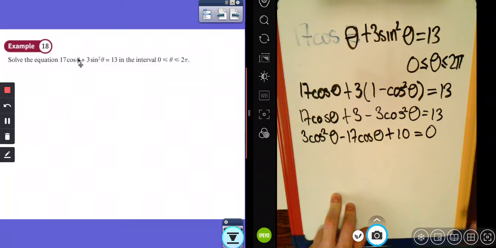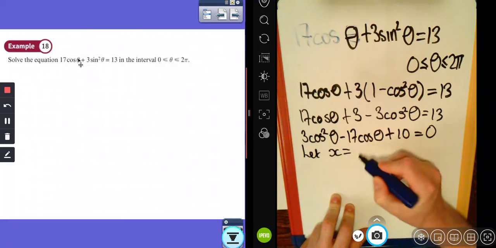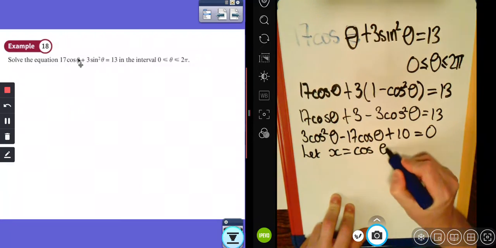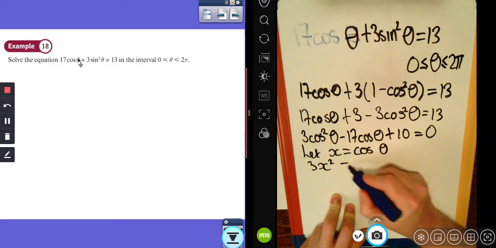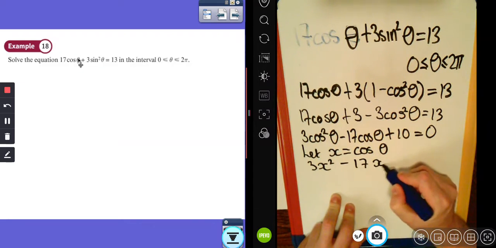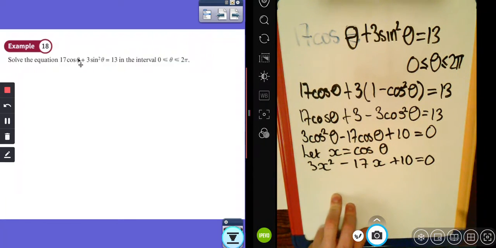I wouldn't. If it was me, I would let x equal cos theta and rewrite the equation as 3x squared minus 17x plus 10. As you get closer to your exam, you might just leave it in terms of cos squared and factorise directly.